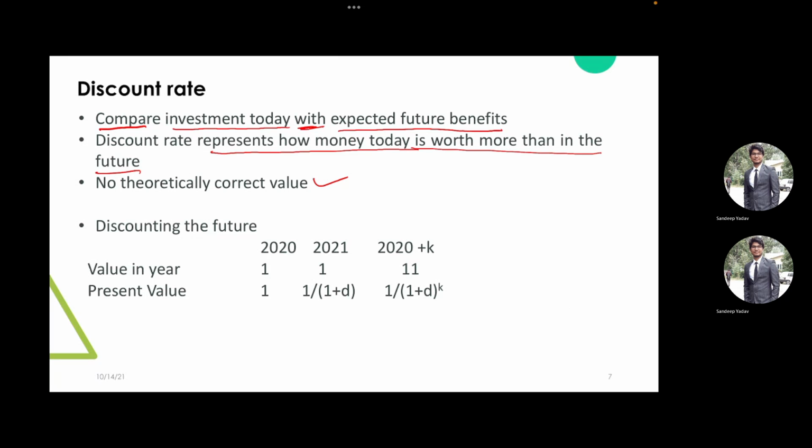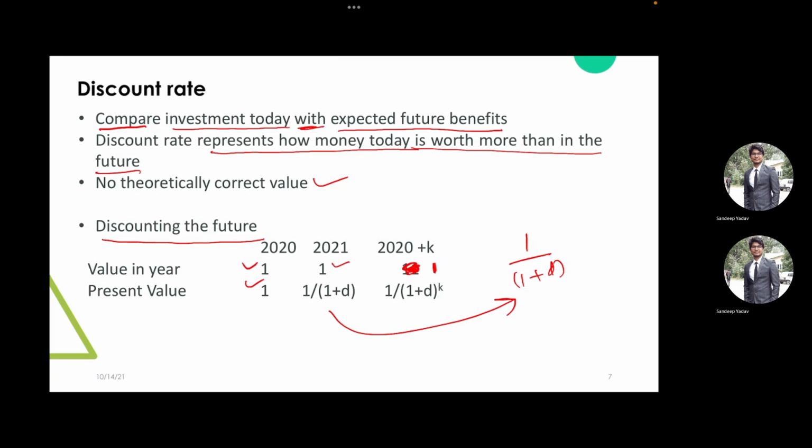So we can calculate the discount rate as follows. The value in the present year remains the same. Suppose we are calculating for the year 2020, in year 2020 it will remain the same. But for the year 2021, the value in the year will be one only, and the present value will be 1 upon 1 plus discount rate.